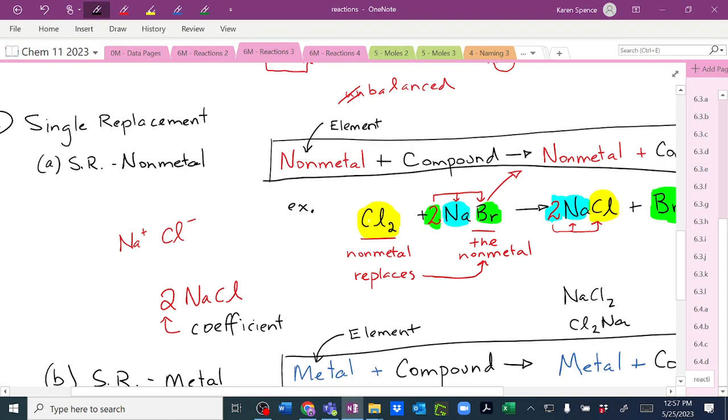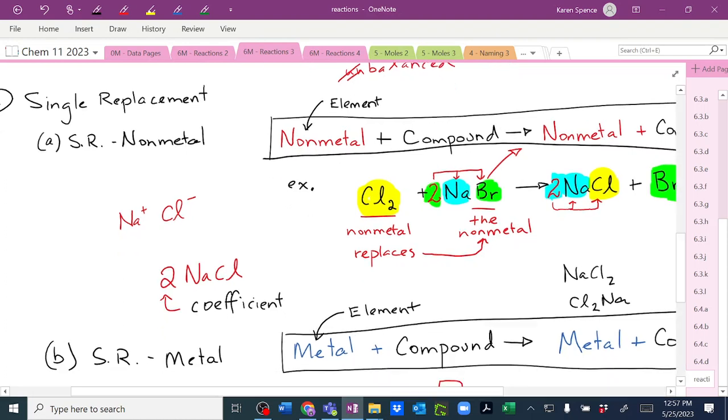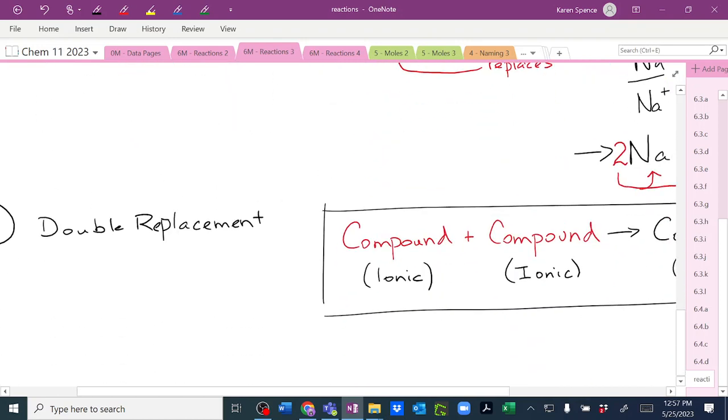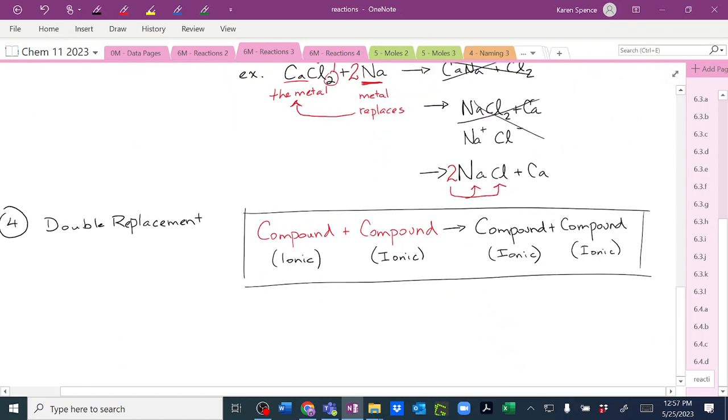And then finally, we're getting down into the double replacement, where we have the compound plus the compound. Now, I'm going to give you a little example here and show you how we will predict the products when we get into this later.